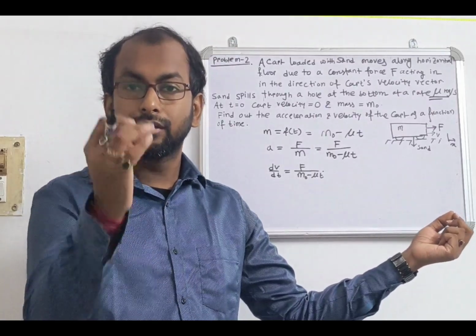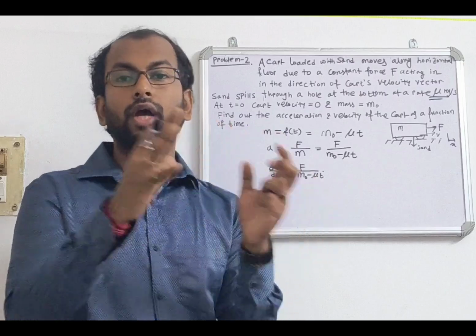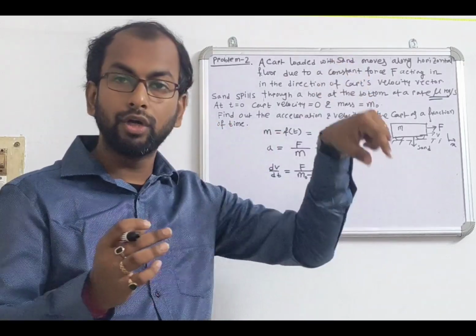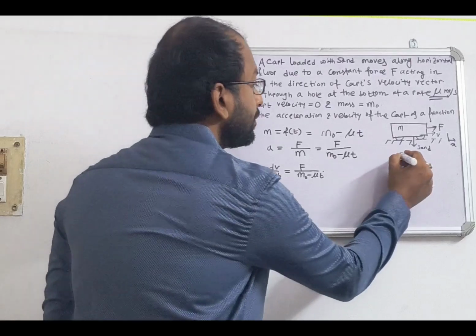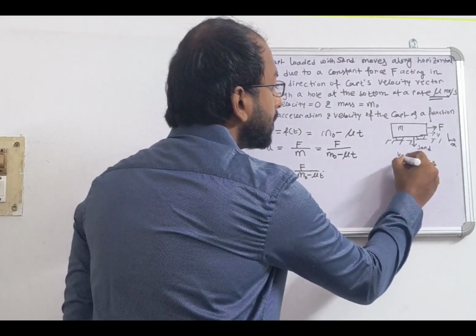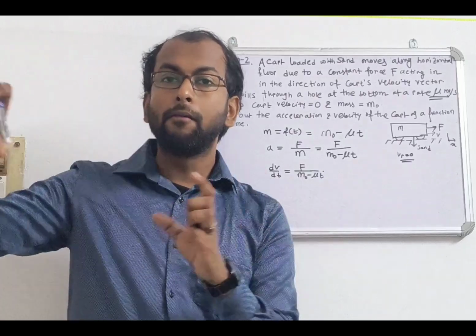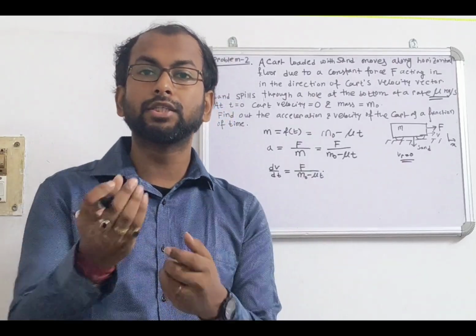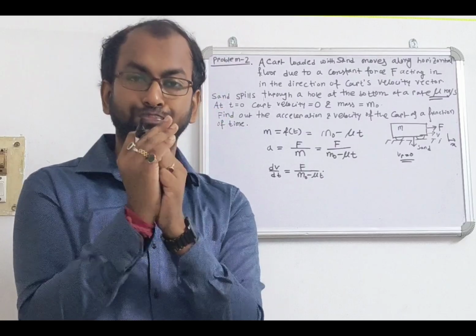So the sand is not creating any thrust force in either the left or right direction, because it is falling directly downward. No sand is forcefully being thrown out from the system; rather the sand is just falling down under its own weight.